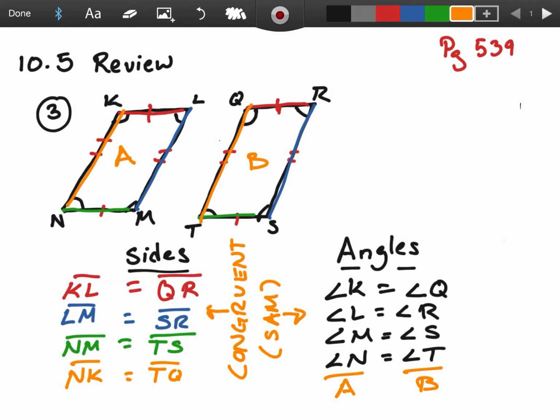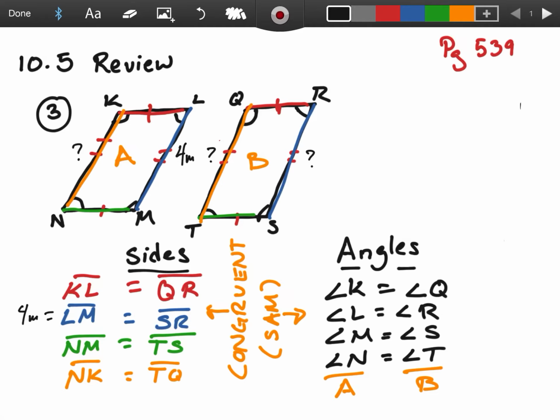The second part of this asks about some unknown measures. I have a couple of measurements here. This one here is 4 meters, and the rest of these are question marks. It's actually pretty easy to figure out. If side LM equals 4 meters, then guess what?